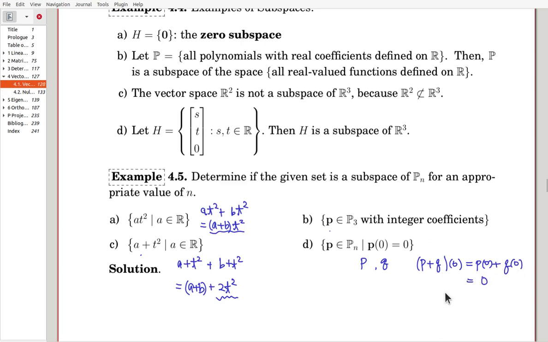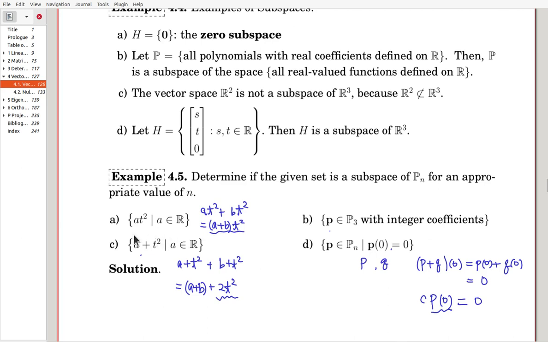Okay, it is closed under addition. And how about scalar multiplication? We try to evaluate, then that will be 0 again. And of course 0 is inside the set.